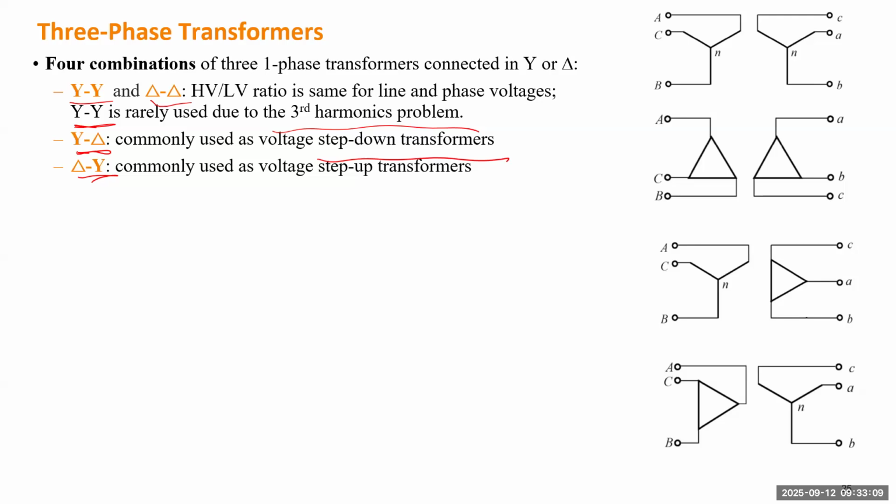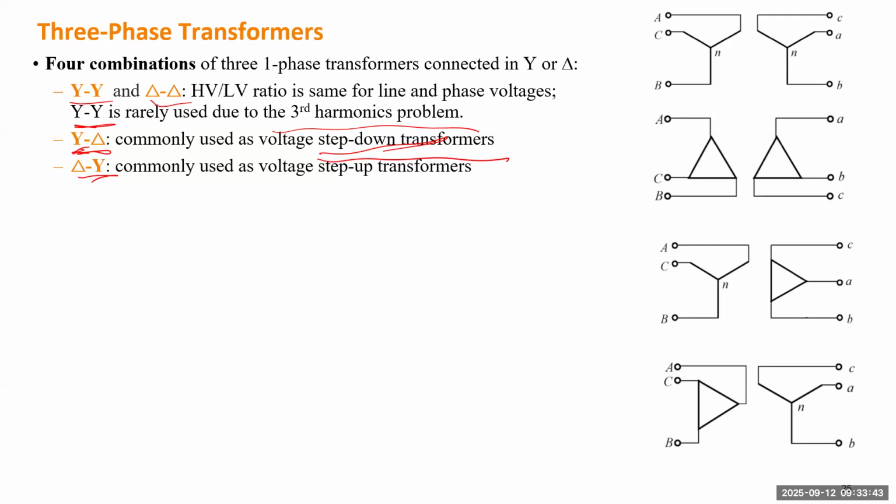That already steps down the voltage, because on the primary side you use line-to-line voltage, and on the secondary side you only use line-to-neutral or single-phase voltage. So you already generate a ratio of 1.73, even though the number of turns on both sides is identical. So it's very easy to consider Y to delta as a step-down transformer. Similarly, delta to Y will be commonly used as a step-up transformer.